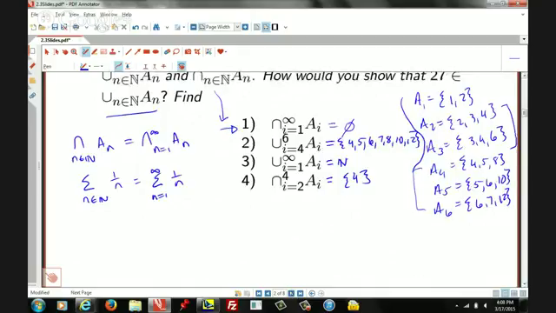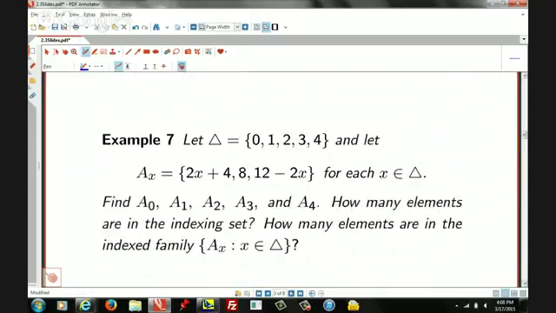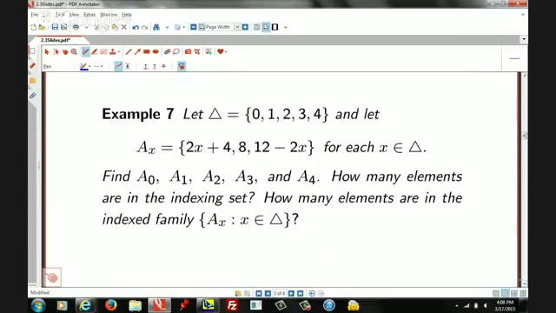Okay, now they're going to tell us what our indexes are on our sets, what the names of our sets are. We're going to say A sub x is {2x + 4, 8, and 12 − 2x} for x in the index set. So they want us to find out what A0 is, because that's the first thing in our index set. Can we figure out what A0 would be? 4, 8, and 12.